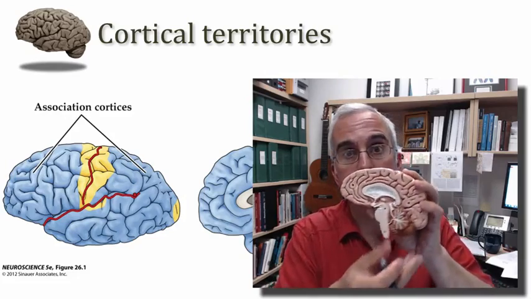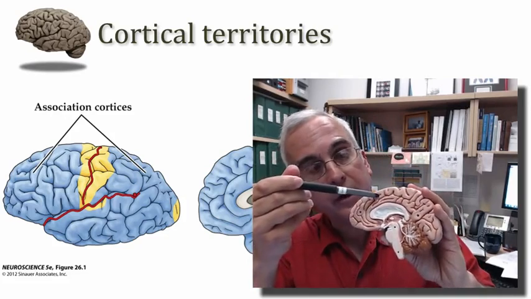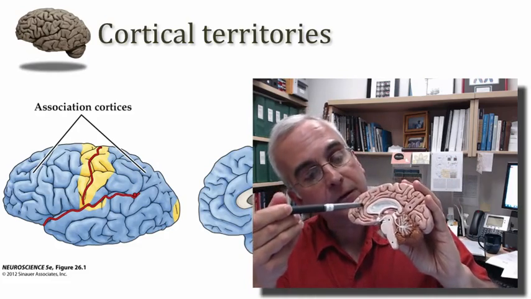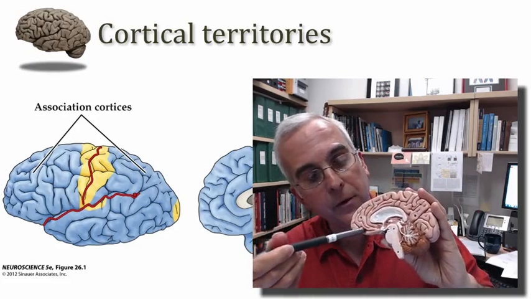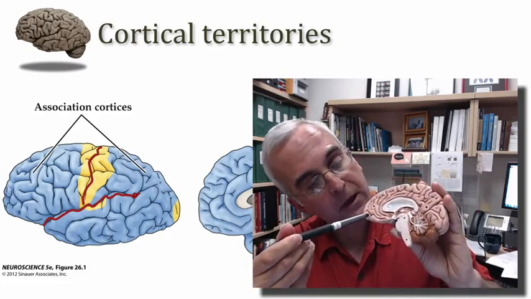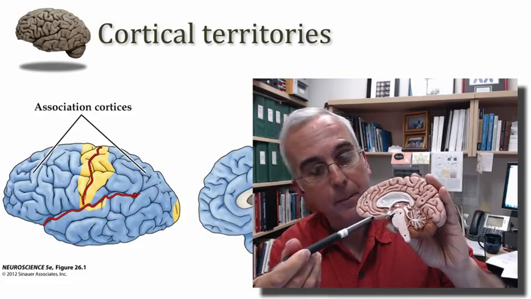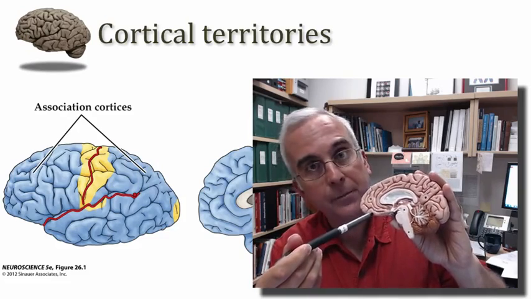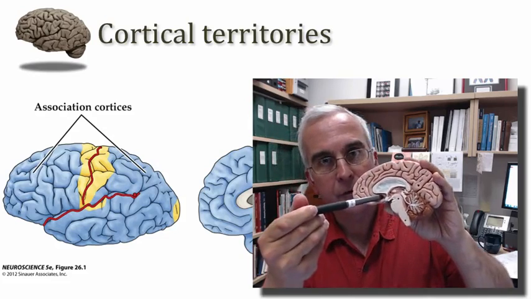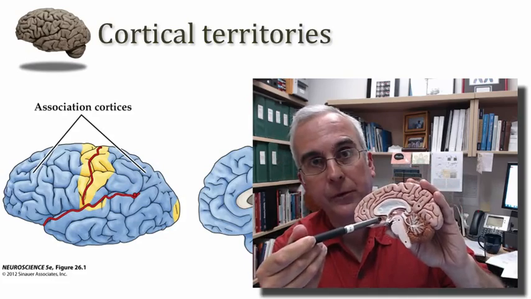And then from the medial view, the prefrontal cortex would include the cortex of the superior frontal gyrus and the cingulate gyrus as they wrap around into the medial part of the orbital cortex of the brain, including this gyrus rectus right along the midline on the ventral aspect of the frontal lobe, and including an interesting little region right here called the subcallosal area, right underneath the genu of the corpus callosum.